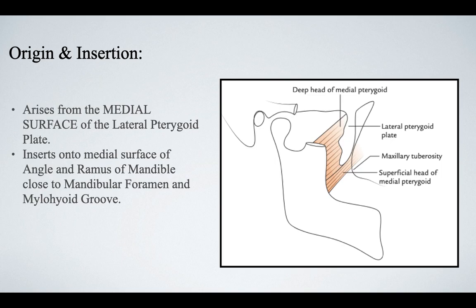The superficial head arises from the maxillary tuberosity and palatine bone, whereas the deep head arises from the medial surface of lateral pterygoid plate. Both these heads insert into the medial surface of angle and ramus of the mandible close to the mandibular foramen and mylohyoid groove.